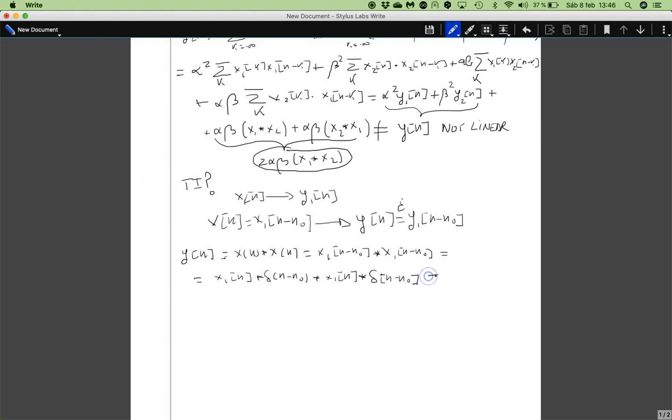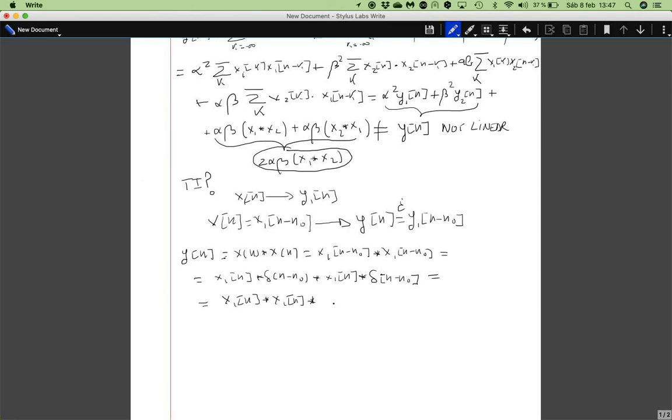Okay, so now using the associativity property of the convolution, we can write x1[n] convolved with x1[n], and then delta[n minus n0] convolved with delta[n minus n0]. In this case, we can consider the first delta as if it were a function, whatever function. So we have a function convolved with a delta which is delayed n0 units.